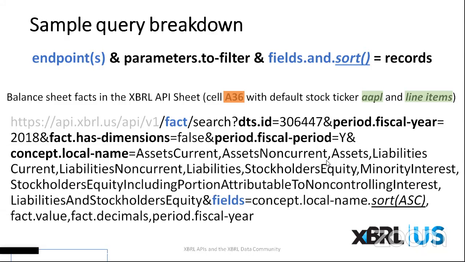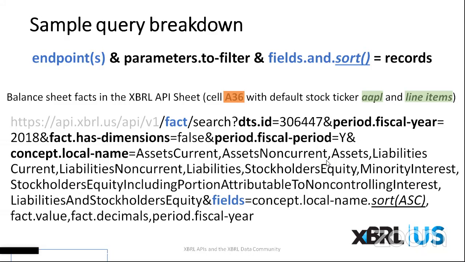It's a set of facts that I want to search that DTS for in that period, fiscal year 2018, with no dimensions. Dimensions are an XBRL structure that allows companies to report similar factual information for specific sectors. Eventually that detail gets aggregated and rolled up. So I don't want to have any of those dimensions.